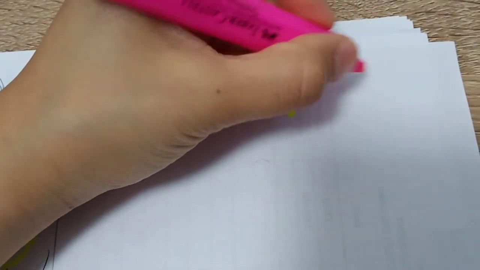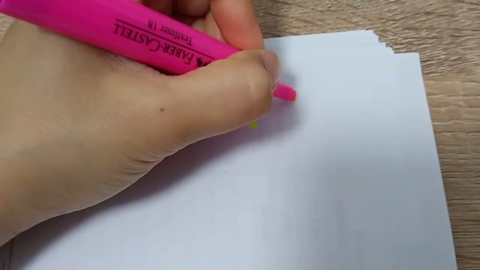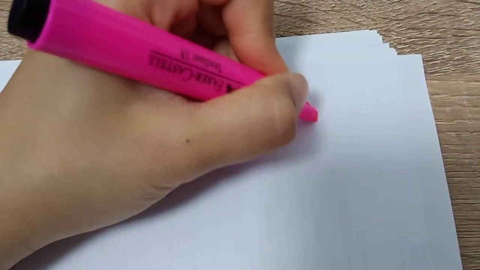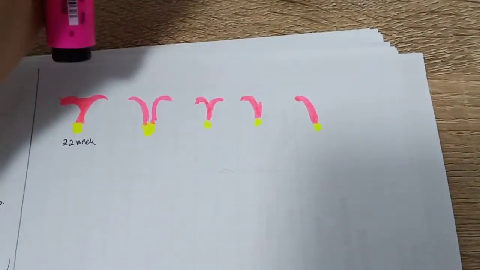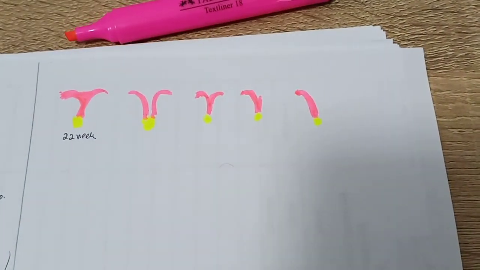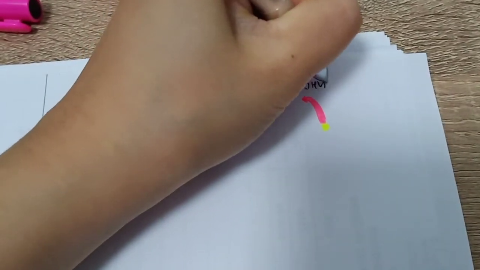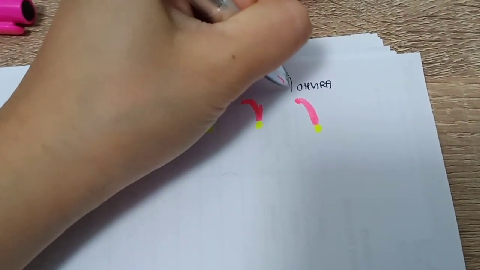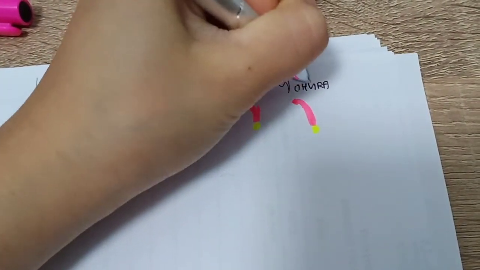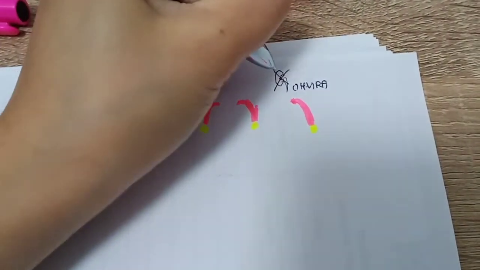And if we have what we call OHVIRA, what happens is that we have an obstructed hemivagina with ipsilateral renal agenesis or anomaly.